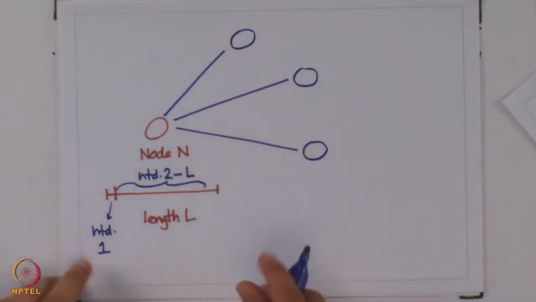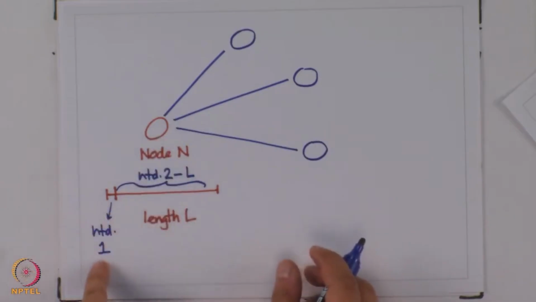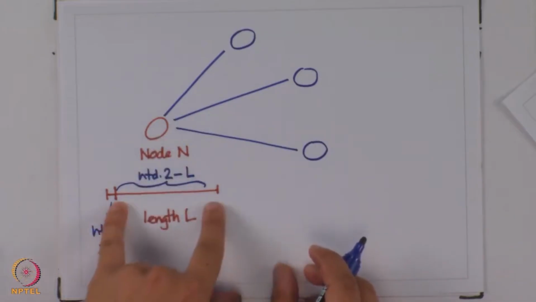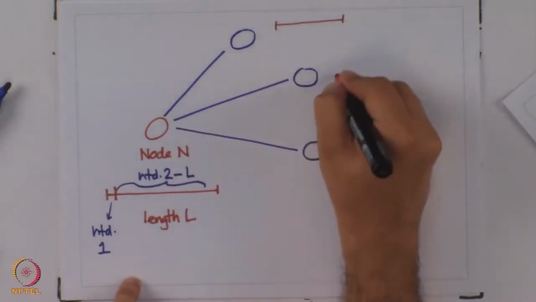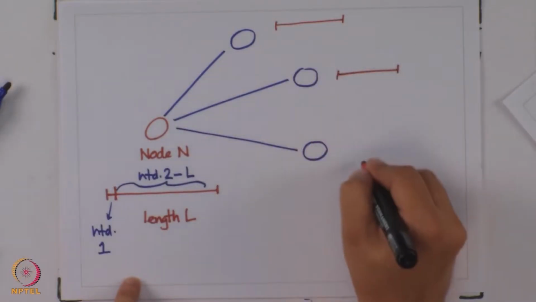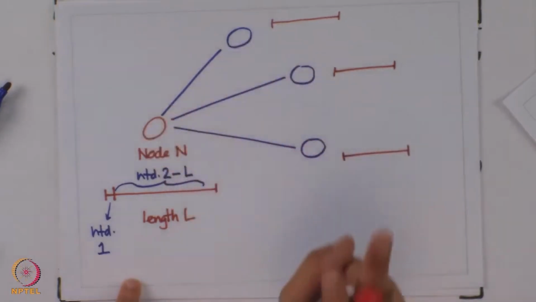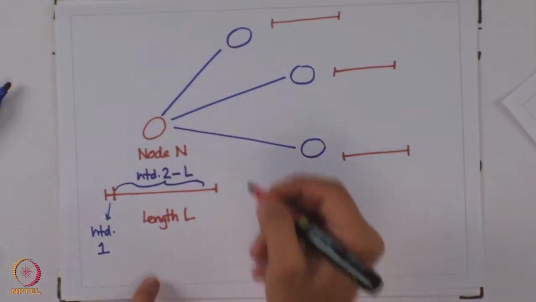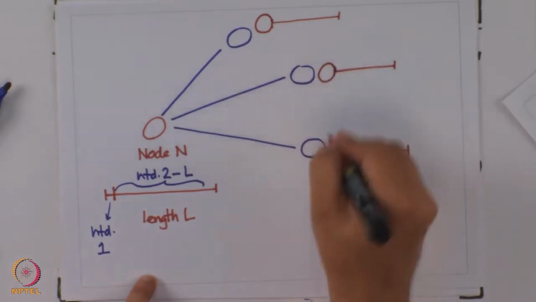And the 3 will be because I am not free for the neighboring nodes. If the difference is at nucleotide position 1, the neighboring nodes do not have any choice when it comes to nucleotide position 2 to L. They have to take on the same sequence which node n that we are talking about has, because this node and this node only differ at one nucleotide position. However, they are free to take a different nucleotide at position 1.